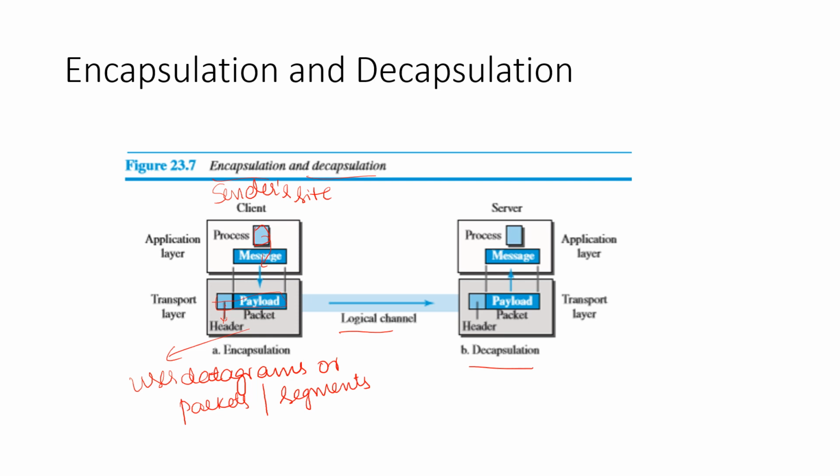When the message arrives at the destination transport layer, the transport layer drops the header part of whatever is received and sends only the message, or the information, to the upper layer, that is the application layer. The sender socket address is passed to the process.